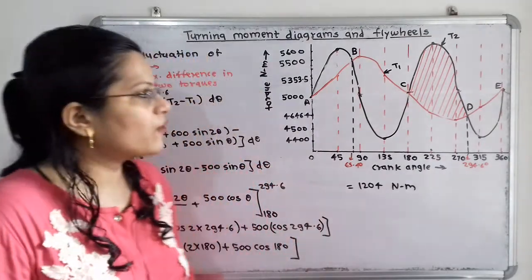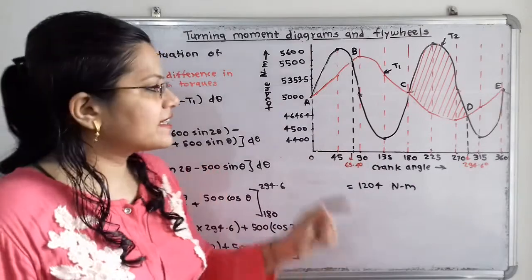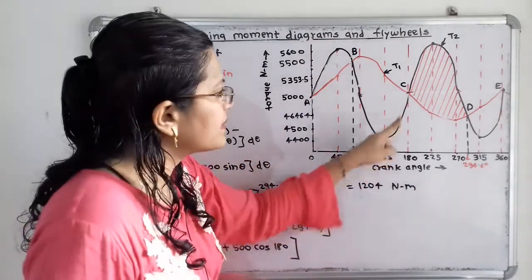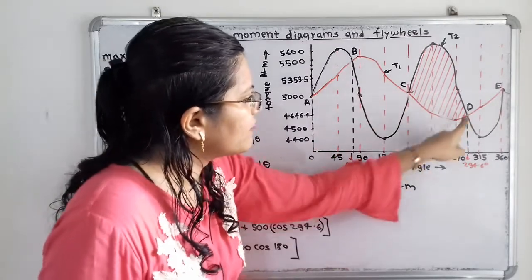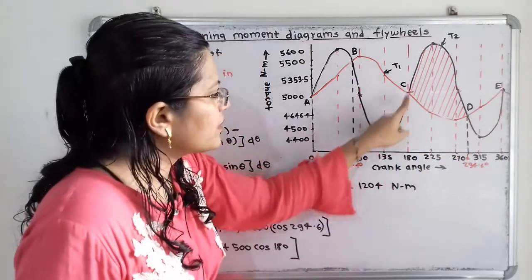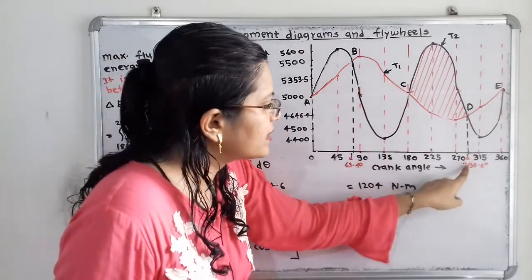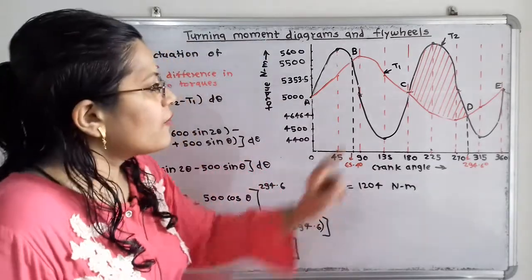First, by observation, suppose I take integration between limits. We have to give limits between these two angles, for point C and for point D. For point C the angle is 180 degrees, and for point D it is 294.6 degrees.